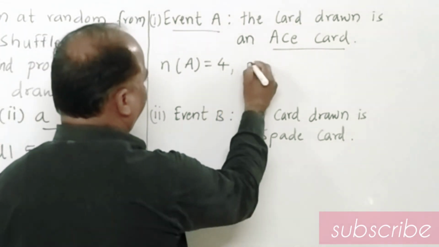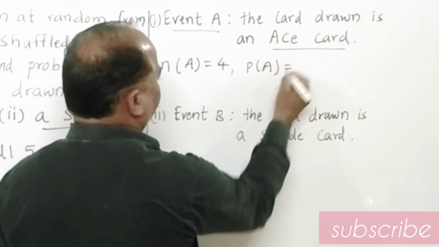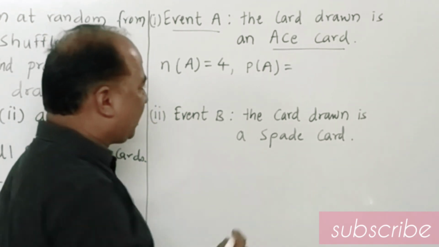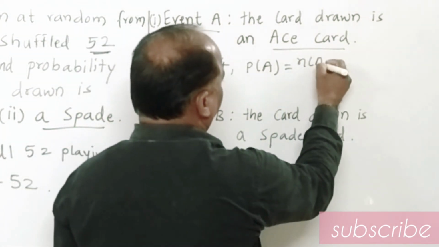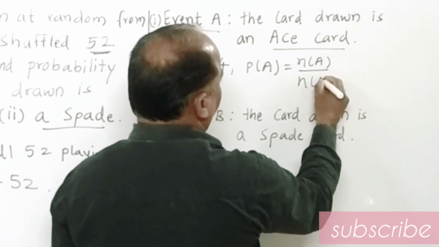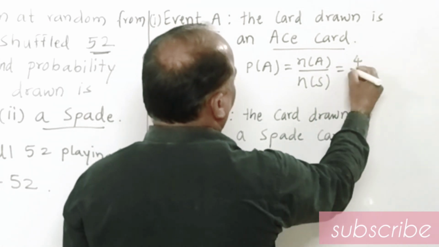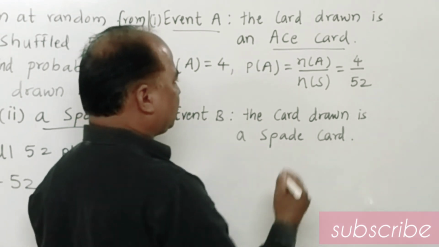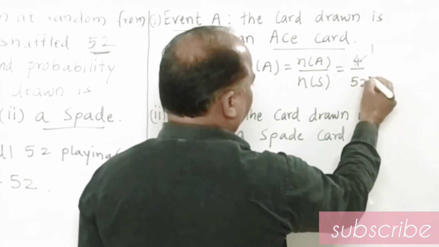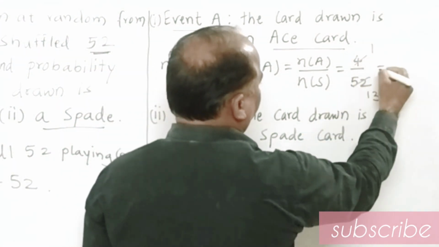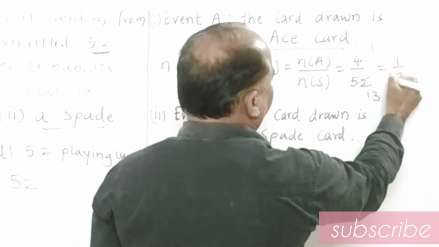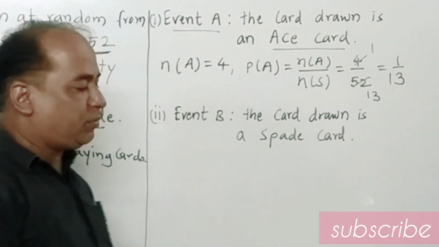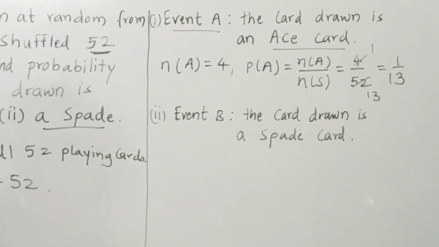So the probability of A, that the card is an ace card, is equal to n(A) upon n(S), which is equal to 4 upon 52, reduced to the lowest form. So 4 1s are 4, 4 13s are 52. So the probability that the card is an ace card is 1 upon 13.